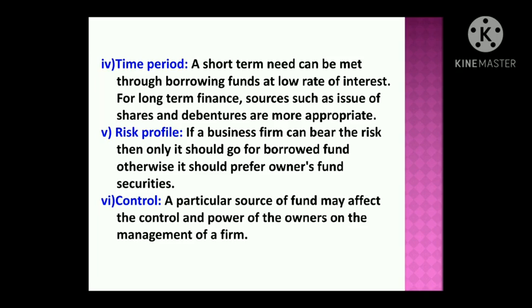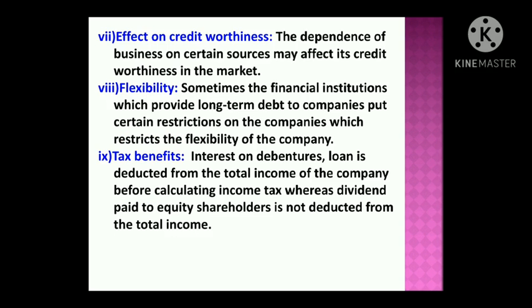And the next factor is control. A particular source of fund may affect the control and power of the owners on the management of a firm. For example, equity shareholders are considered the real owners of the business because they have complete control over the business. And the next factor is effect on credit worthiness. The dependence of business on certain sources may affect its credit worthiness in the market.